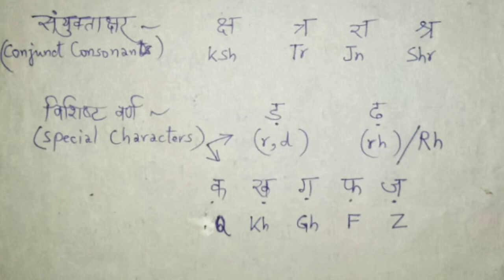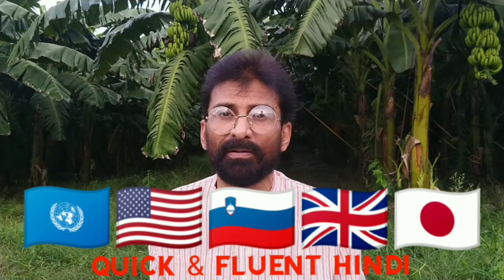Gya is a combination of J and N, like Gyan, J-N-A-N, Jnani, J-N-A-N-I. And then Shra, a combination of Sha and Ra, like my last name, Mishra, S-H-R-A.